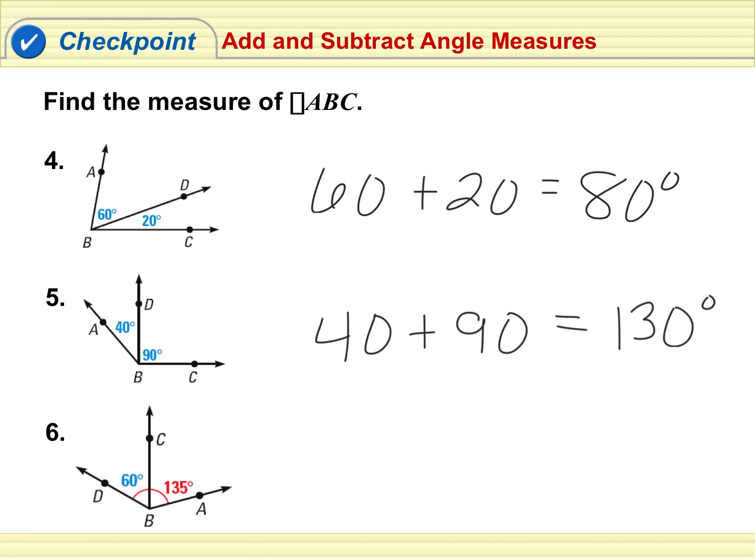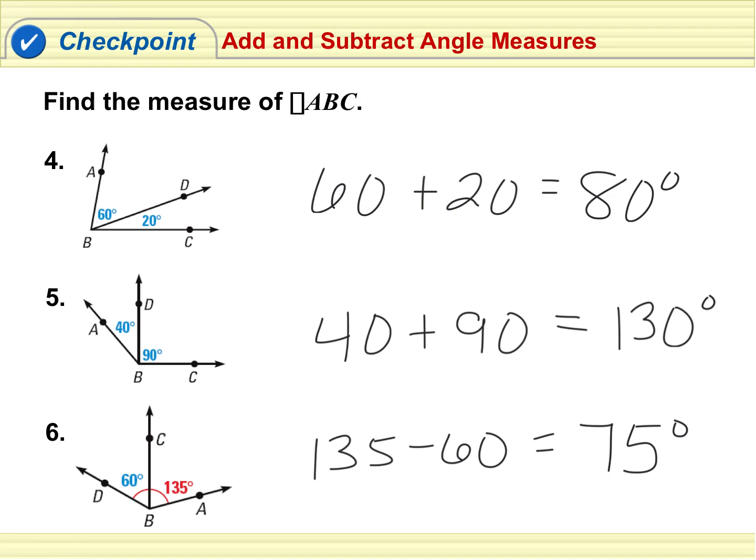So how do we find this smaller angle ABC? Subtract. 135 minus 60. Good. What is 135 minus 60? 75 degrees.